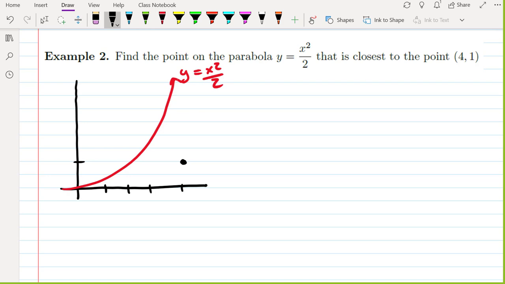And what's our objective? We want to find the point on the parabola that is closest to this point. So now imagine we have some point (x, y) on this parabola, and we want to find that point that is closest to this point. So what's our objective?